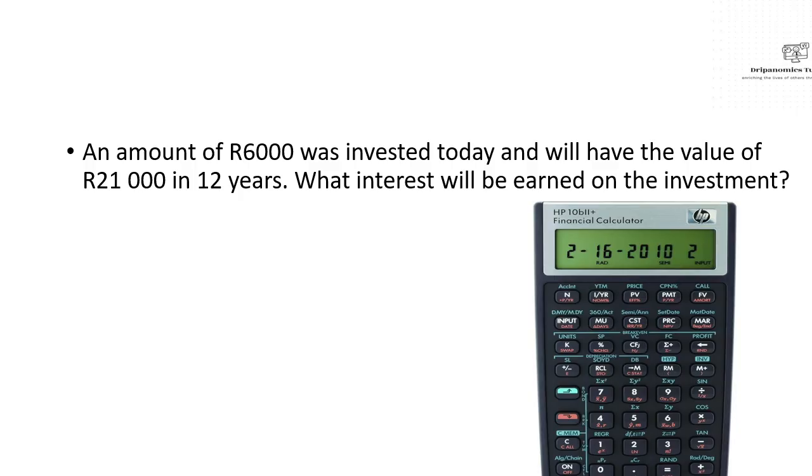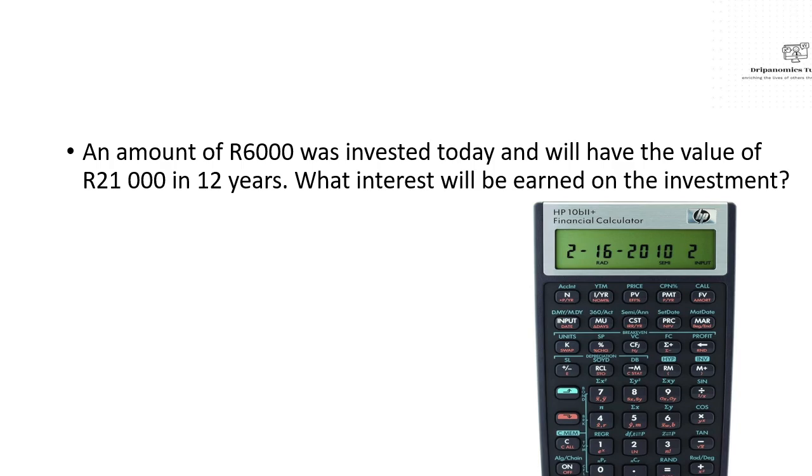I don't need to dwell on what these figures are. The 6,000 rands was invested today, that is our present value, because it's what we have today. It will be 21,000 rands in the future, so the 21,000 rands is our future value.